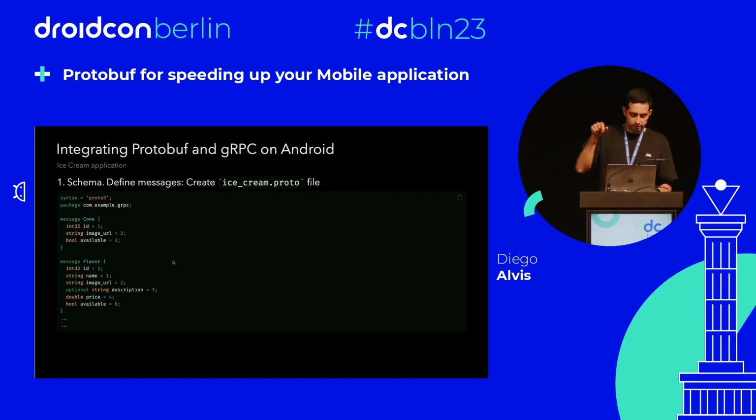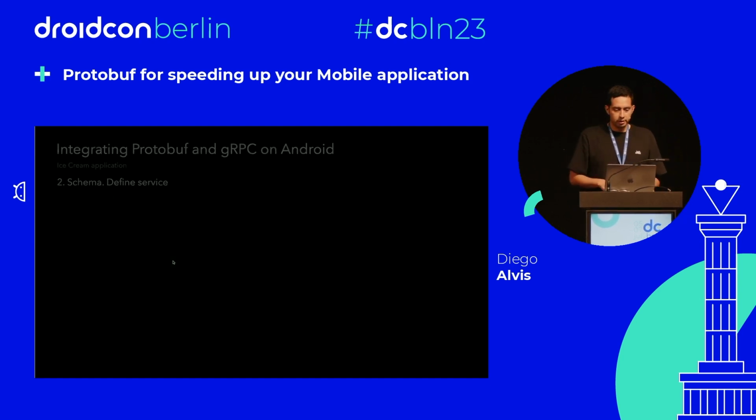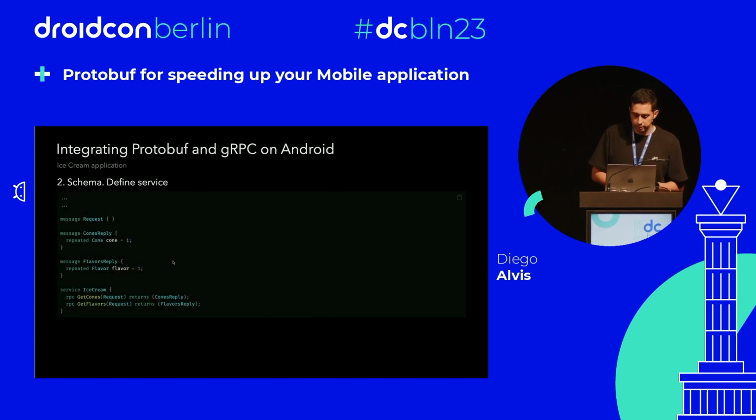The only difference is it has a description, which is optional, and the price. In the same way, I will define the services. So, again, the rest of the messages, that is the request, cones reply, and flavors reply. And I'm going to have two methods: get cones to get all the cones, and get flavors to get all the flavors.